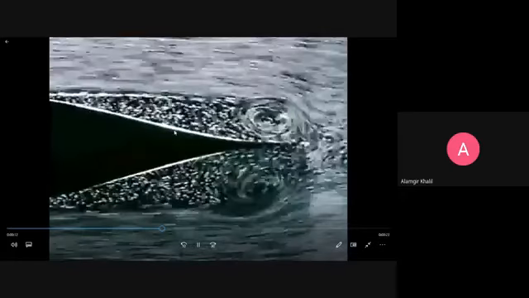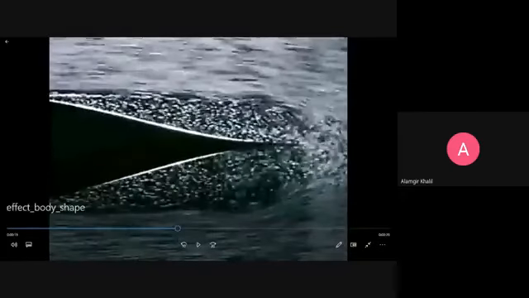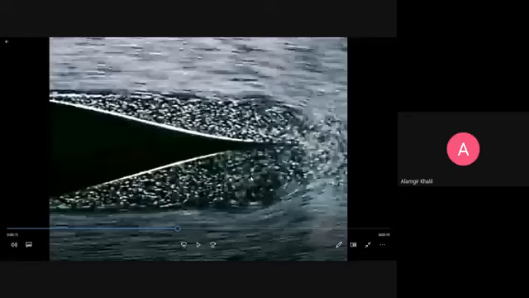There is no separation. Clear? But if we change the shape and the body is curved, you can see here the separation point, and the boundary layer has separated here. You can see here recirculation will occur. And what will be the effect of this? The drag force will be increased on this body.